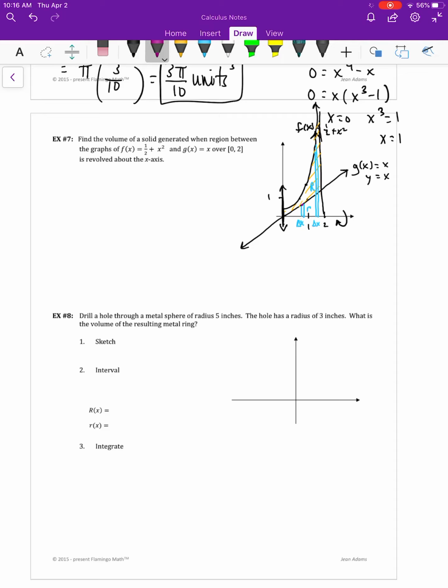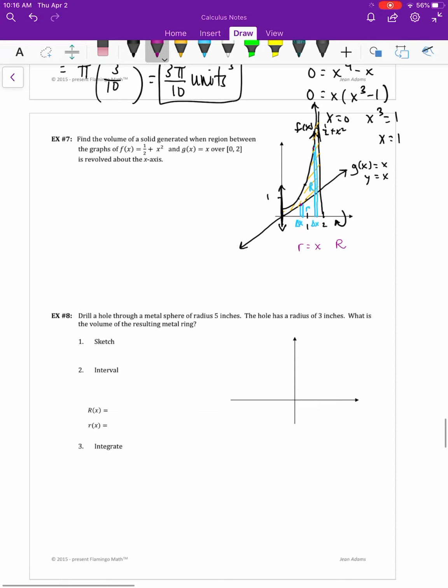So our little r, if I put a point right here, I can see that that is the y value of my point, and that's just x. So my little r is x, because that's what my y is. My y equals x. And then here you can see that if I was going to that point on the function, I would go x, y.